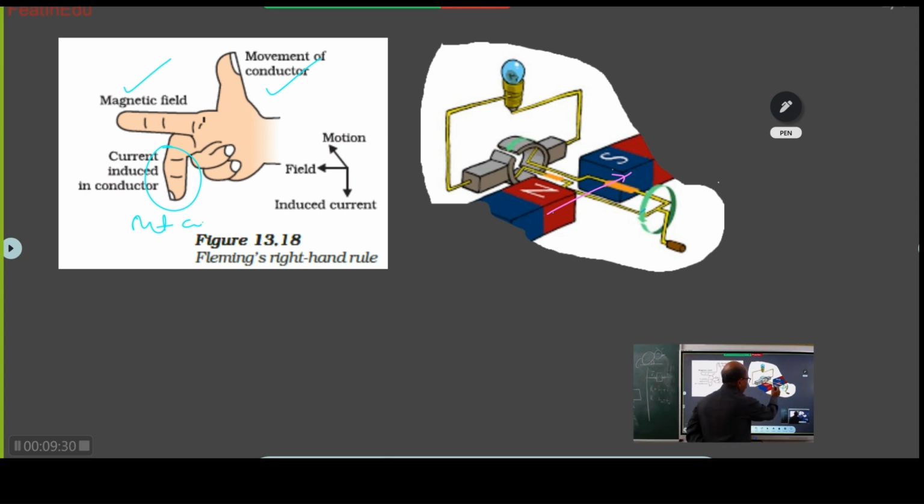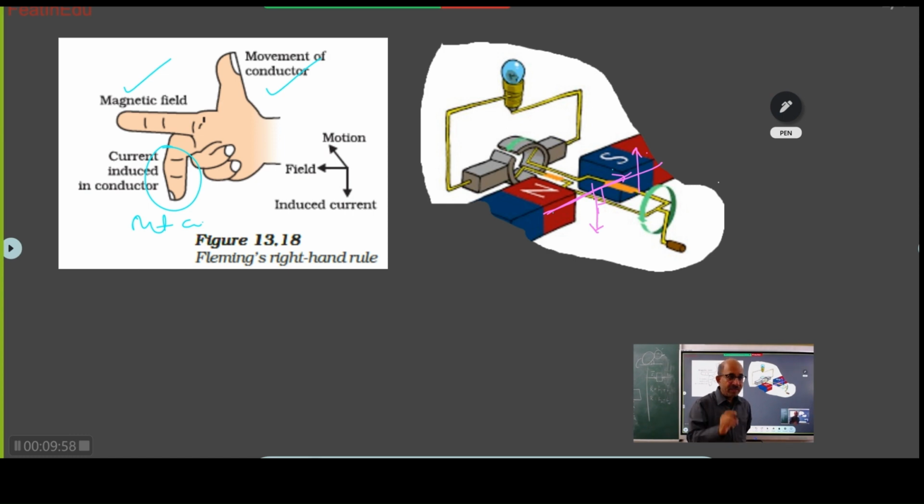So in this case, this side of the coil will go down, and this side of the coil will go up. And the magnetic field is like this. That means now the direction of motion and the direction of magnetic field are perpendicular to each other.